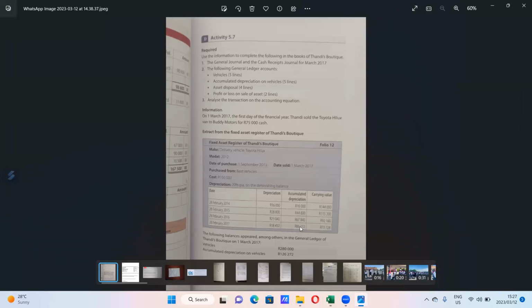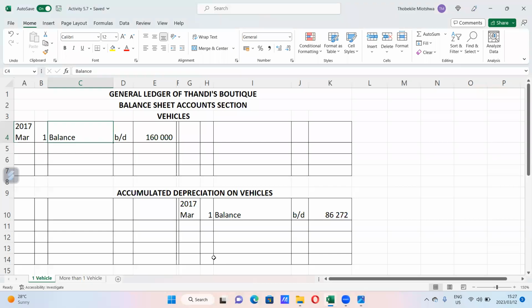So this is the amount at the beginning of the year. So that's what I put there. March 1 balance brought down 86,272. Accumulated depreciation on vehicles is a negative asset, so it's going to be on the credit side, and vehicles are assets, so they're going to be on the debit side, the increase on the debit side.